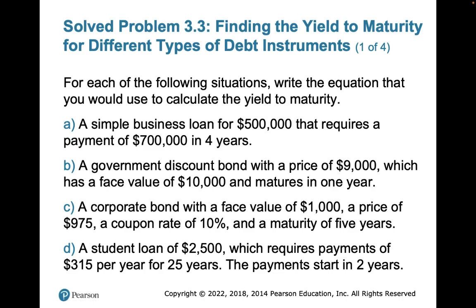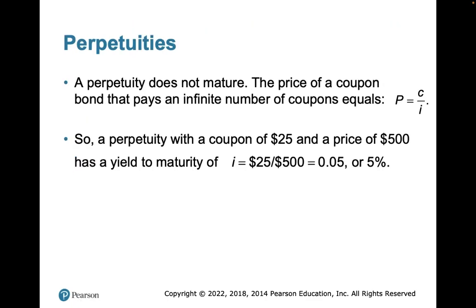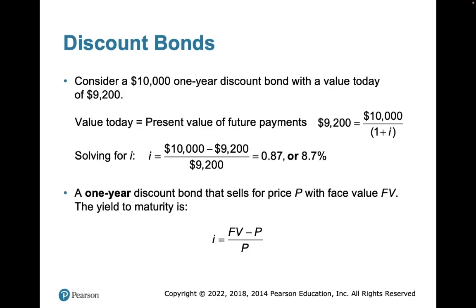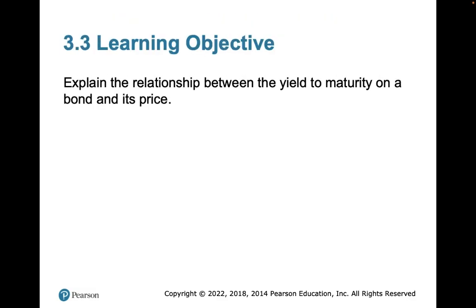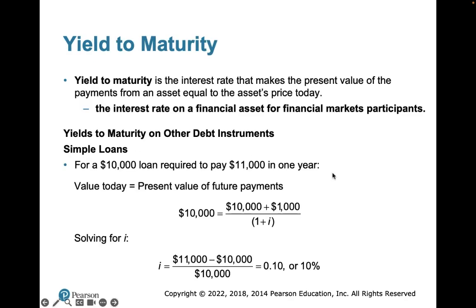So these are different examples, and they all have different equations that you would use to calculate the yield to maturity. For this simple business loan of 500 that requires a payment of 700 for 4 years, to get the formula, we already did this one, and this one.